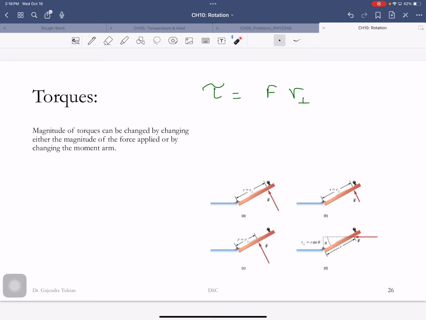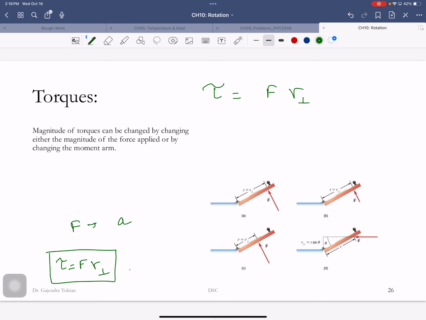Okay. All right, so forces cause linear motion and angular motion. Okay, and the effect of a force in causing angular motion depends on the moment arm.